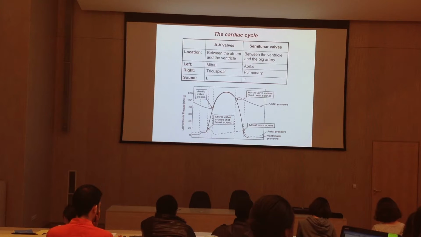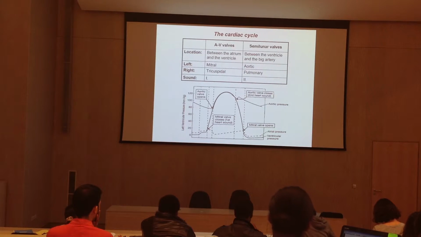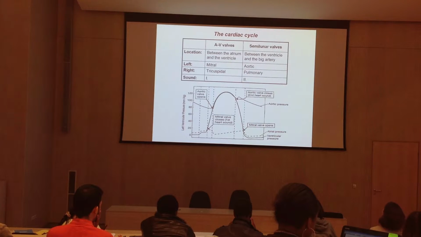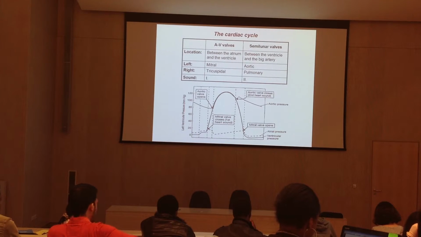Now, we have to continue with the pumping function. Why can the blood flow all the time in the same direction, from the atrium to the ventricle, from the ventricle to the large arteries, and so on? What is the explanation of the unidirectional flow of blood?